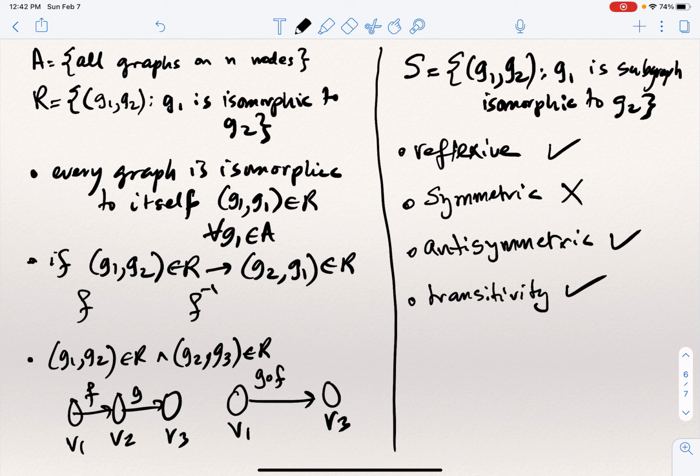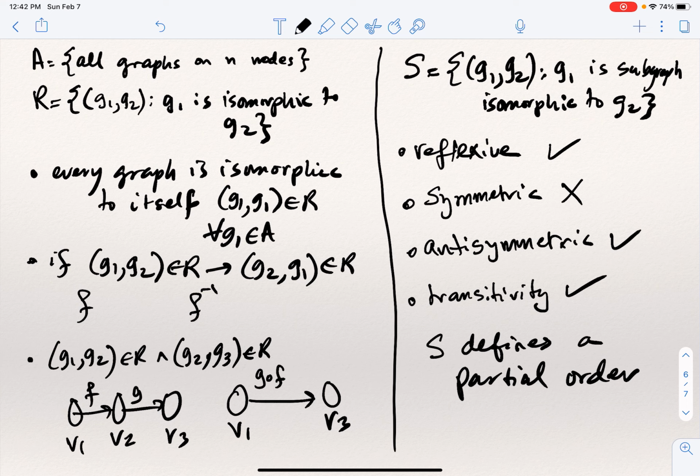If we define S on the set of all graphs, then S defines a partial order. So graph isomorphism defines an equivalence relation on the set of all graphs, and subgraph isomorphism defines a partial order as well.